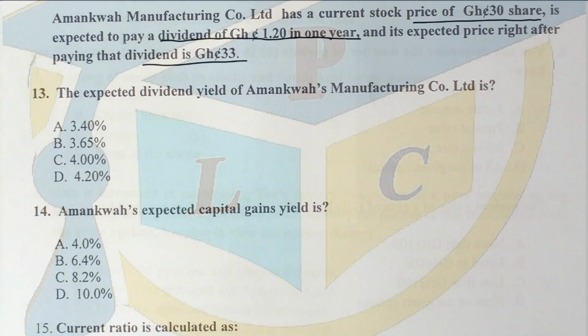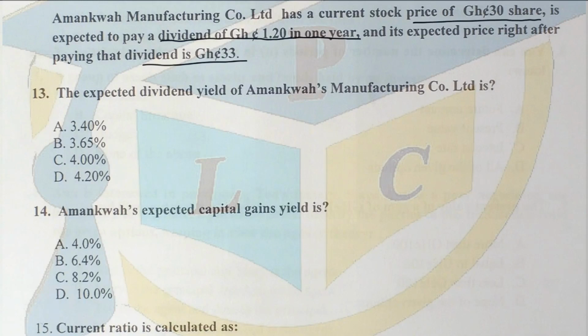It is also part of the return we are going to earn from that investment, together with the dividend we earn for that year. So we have a dividend of 1.2, and also capital gains of 3 Ghana cedis from this scenario.